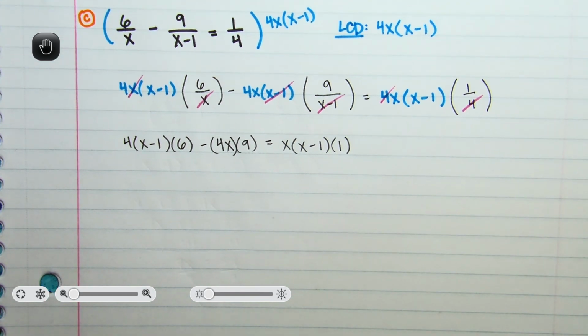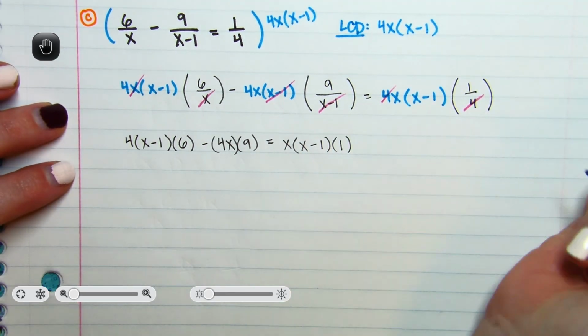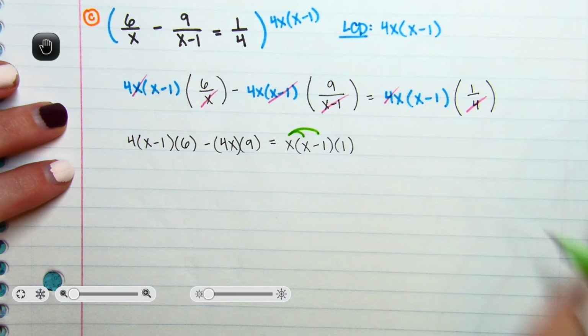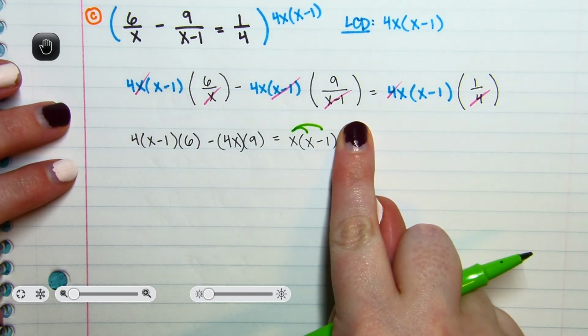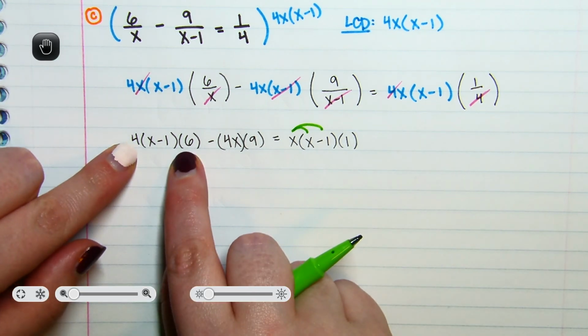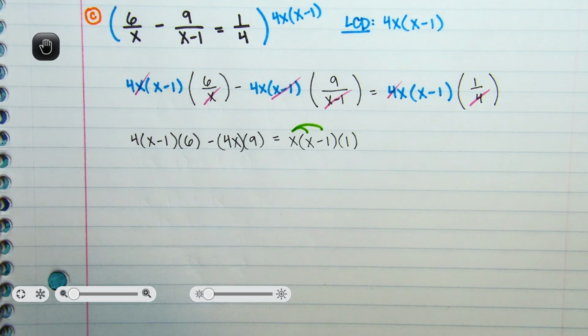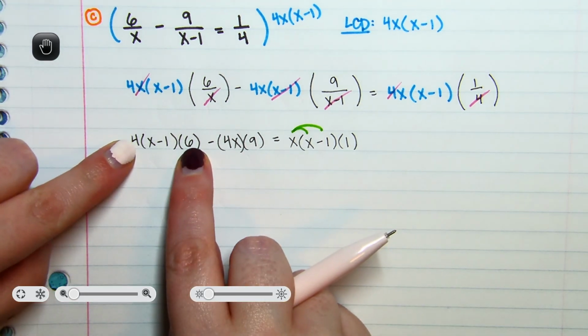Now we need to distribute. So a couple of options here. The last one's pretty straightforward. You just distribute the x, because that 1, that's like saying that. You don't actually need the 1 written there. This one I'm going to choose to do all at one time. So I'm going to have 4 times 6, which is 24.